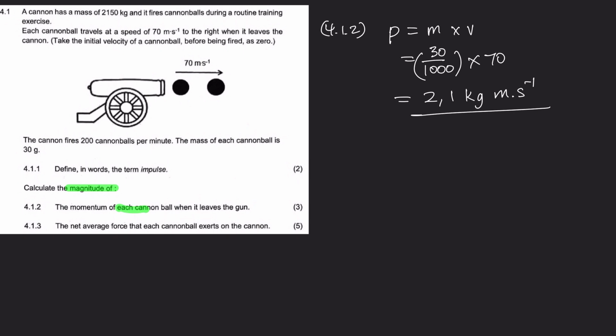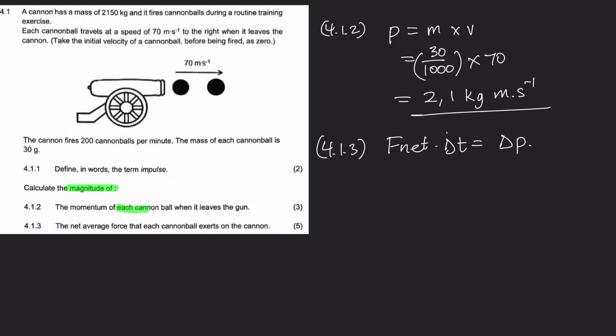Question 4.1.3, calculate the net average force that each cannonball exerts on the cannon. When we're dealing with section 4.1.3 and you talk about force, more often than not we're going to use Fnet times delta t equals delta p. Now, we can work out delta p, that's not a problem, but it's the time that we're not sure about.